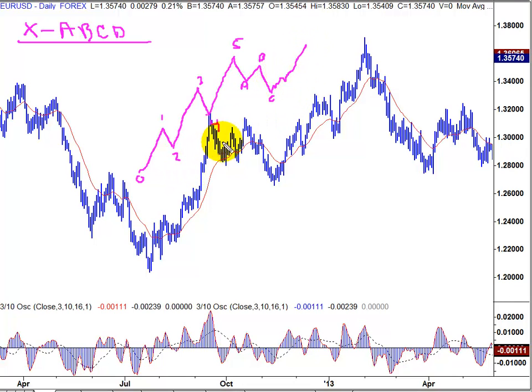So that's the typical sequence of an Elliott wave structure.